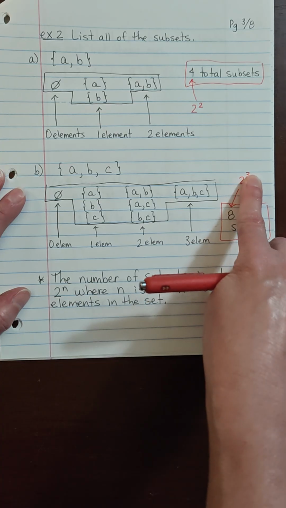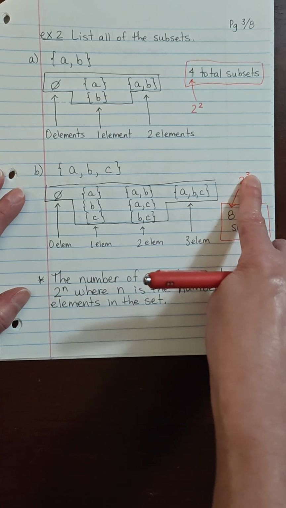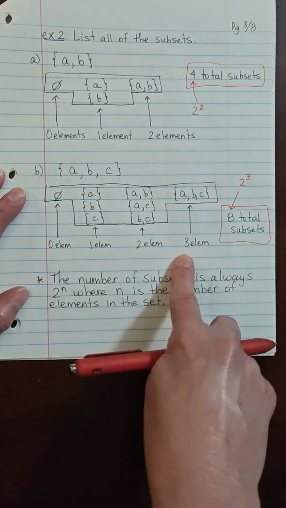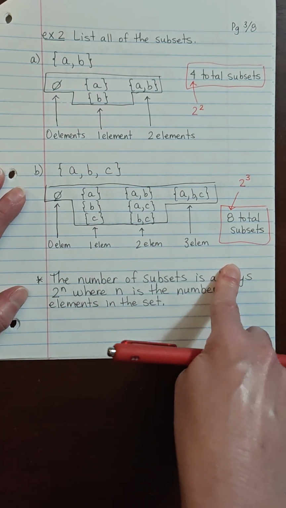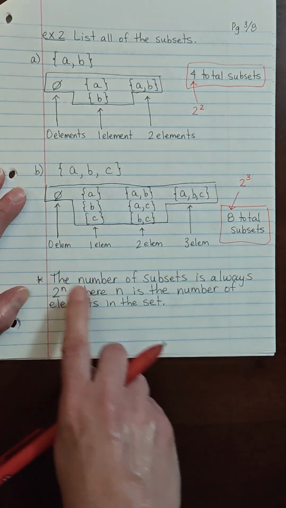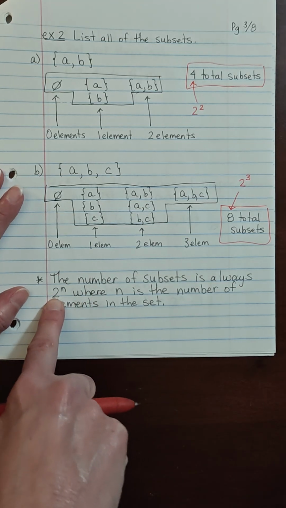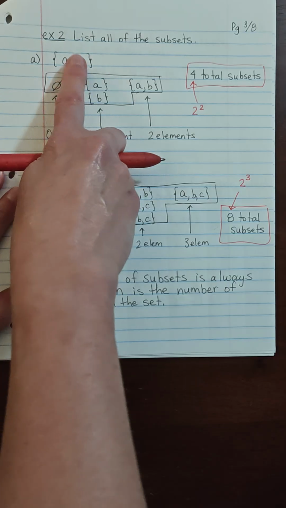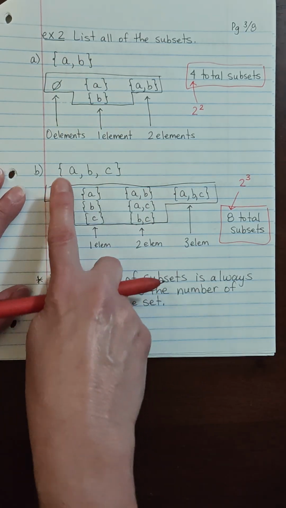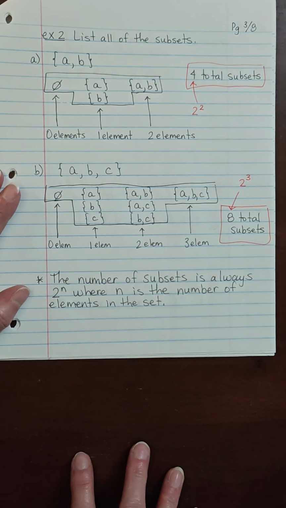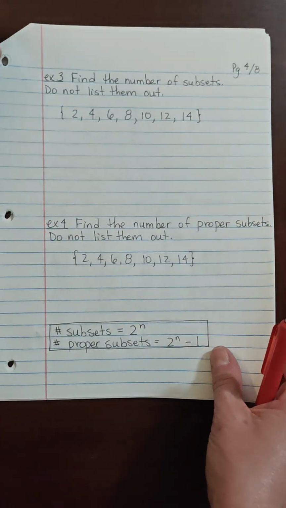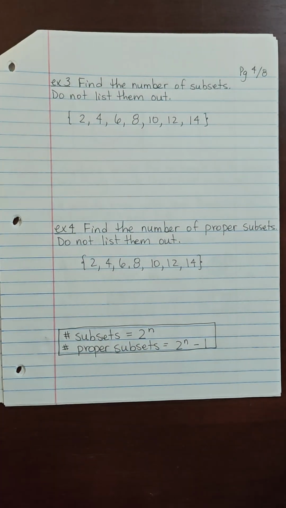That's not 2 times 3. 2 to the 3rd power is 2 times 2 times 2. So 2 times 2 is 4, 4 times 2 is 8. So the 2 is set in here. The number up here, the exponent, is the cardinality, or the number of elements in that set. So it's actually a pretty handy little shortcut, which is going to come in handy here.